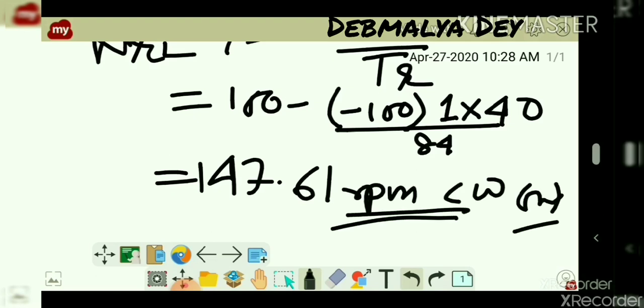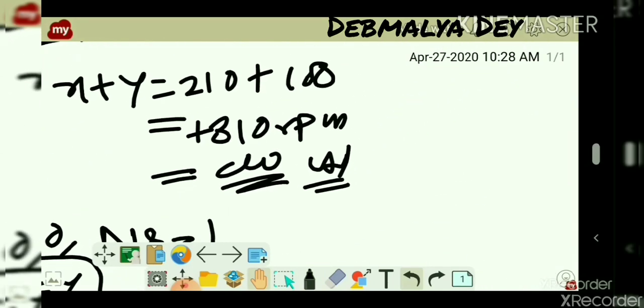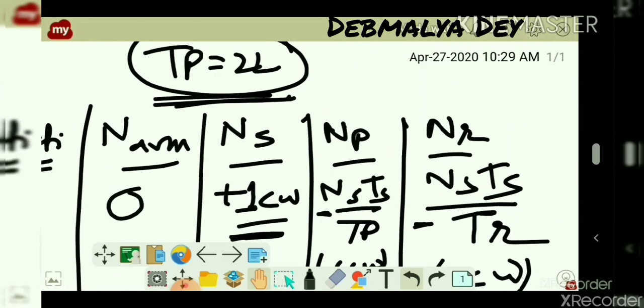So this is the answer for the second case, and this was the answer for the first case, 310 rpm clockwise. Now, I have done this sum in a slightly different way from what I explained in class.